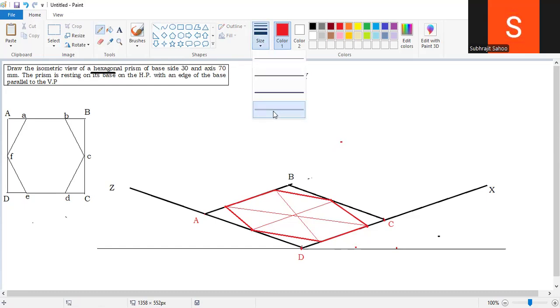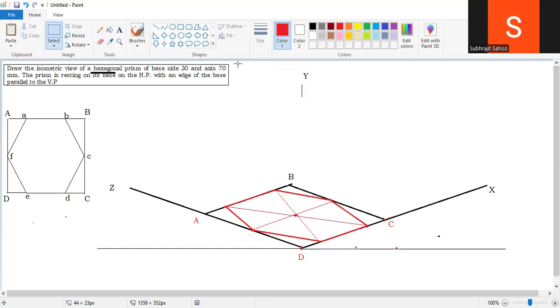Here is the center, right? This one is the center. So it's a little bit of a dimension mistake here, a little bit of a level mistake here. So I adjusted by giving the dot here. If you go with proper measurement, you may not face this kind of problem, right?